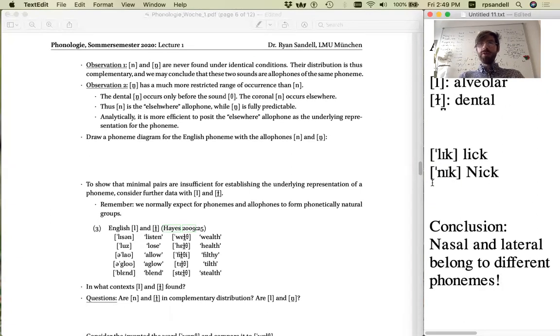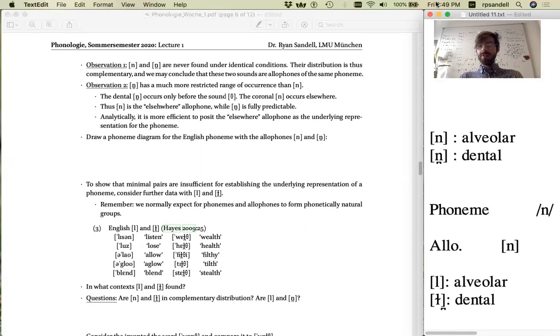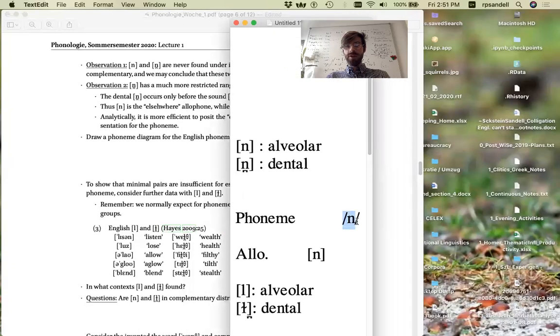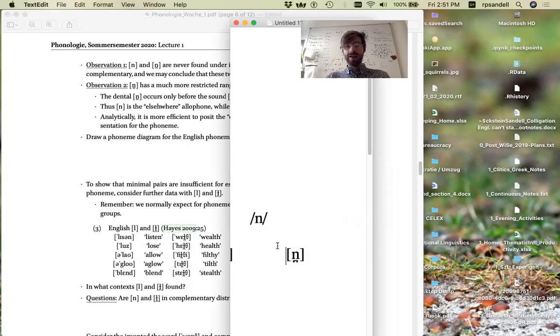But both the nasal and the lateral have allophones which are similar in a crucial way. The nasal, we decided above, should be posited to be underlyingly alveolar, but it has this dental allophone.